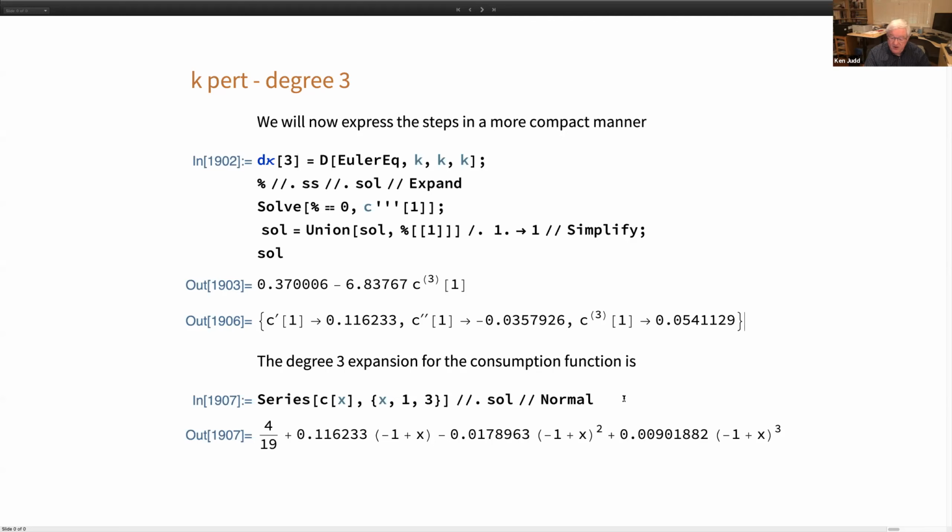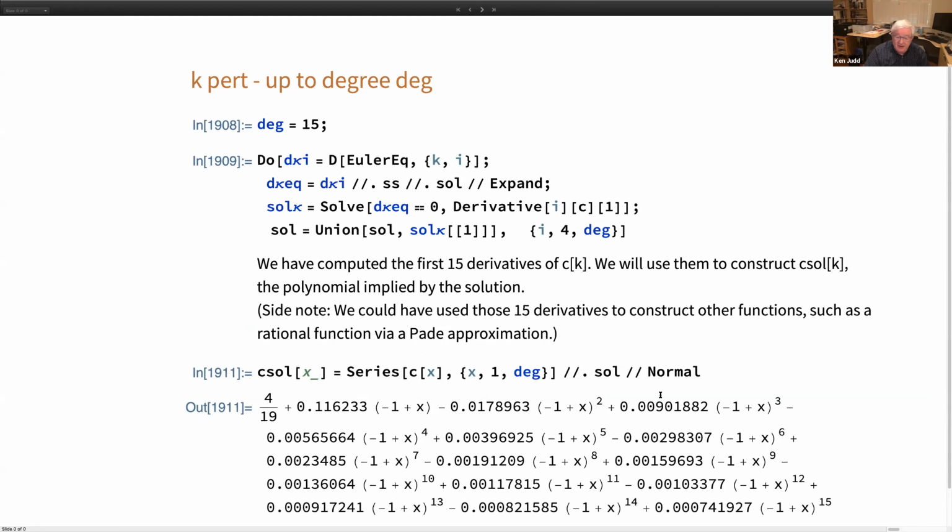And this is now your cubic expansion. Now this is getting tiresome, so let's just do 15 derivatives. This, by the way, takes less than a minute to do.